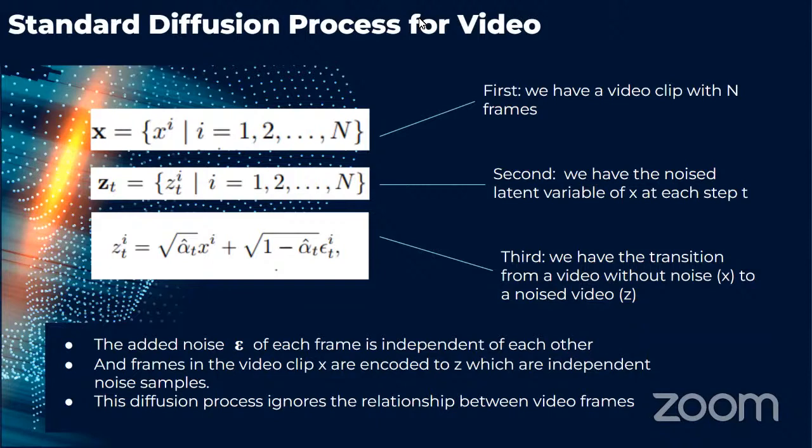So the added noise epsilon of each frame is independent of each other. This is the general diffusion process, and the different frames in the video clip X are mapped to Z, which are also independent noise samples. As we see, the diffusion process ignores the relationship between video frames, so they didn't use that benefit.